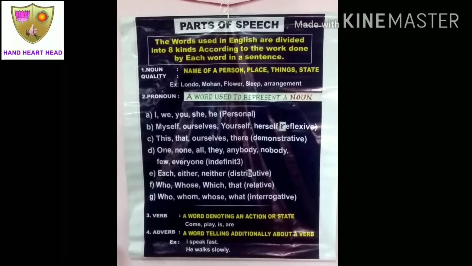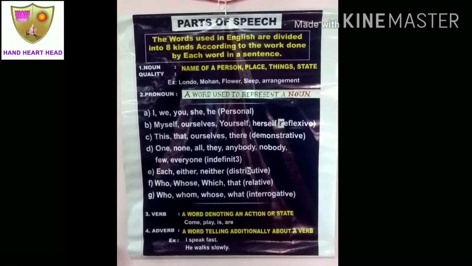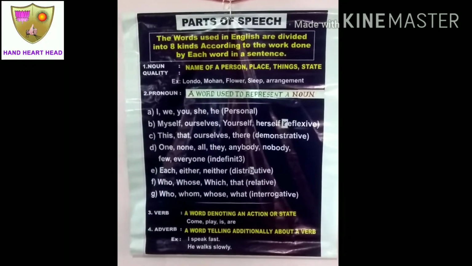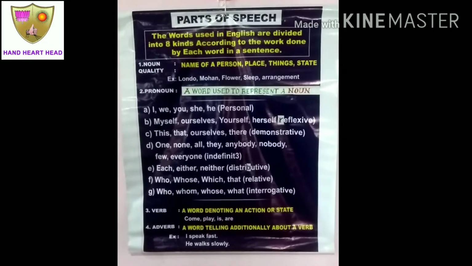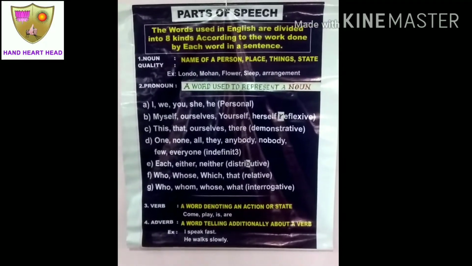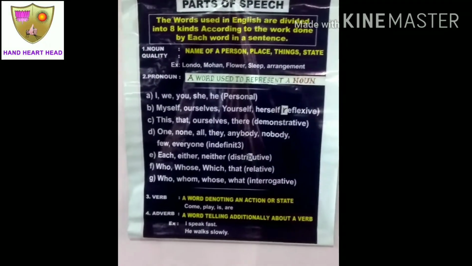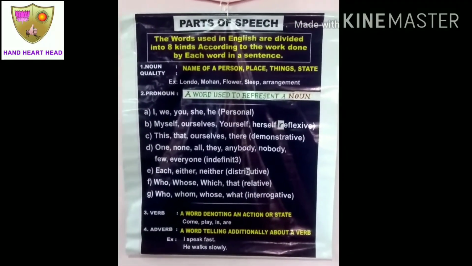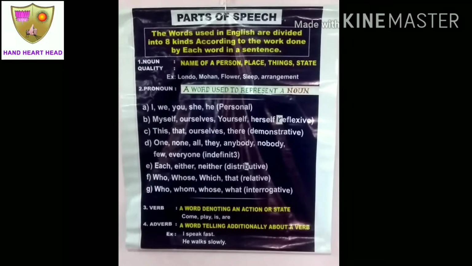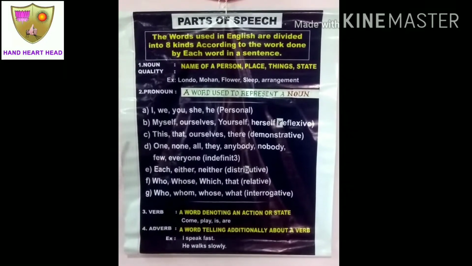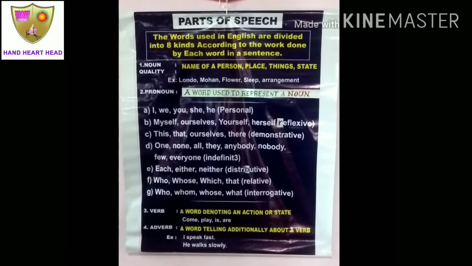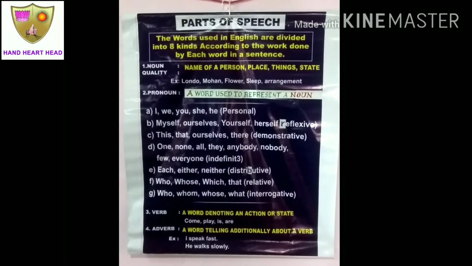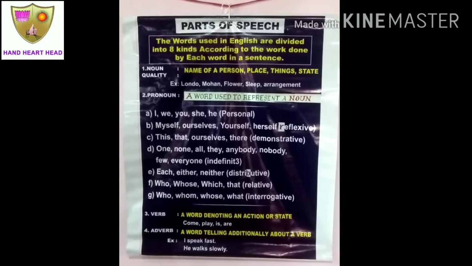Students, once again we see the parts of speech. What is the parts of speech? The words used in English are divided into 8 kinds according to the work done by each word in a sentence. There are 8 kinds: noun, pronoun, verb, adverb, adjectives, preposition, conjunction and interjection.